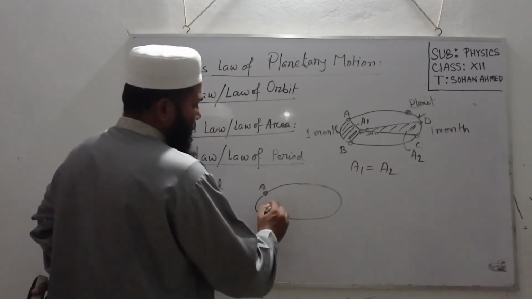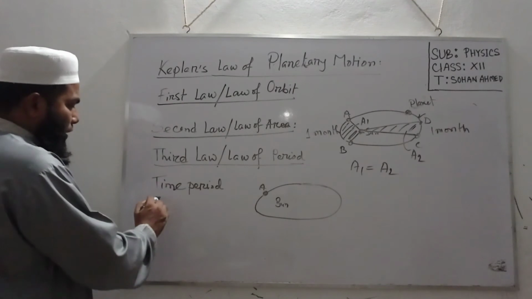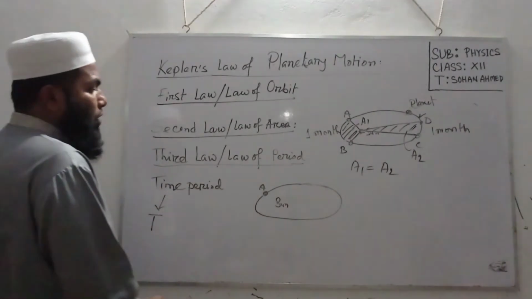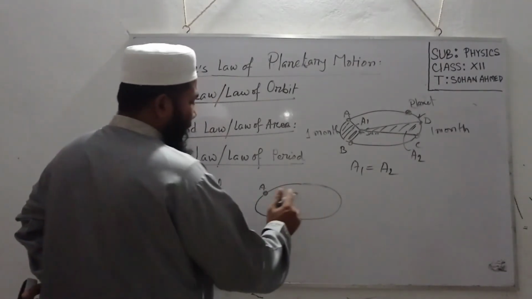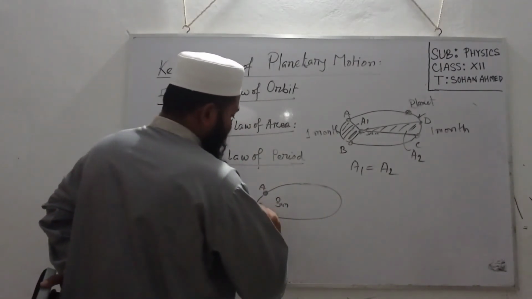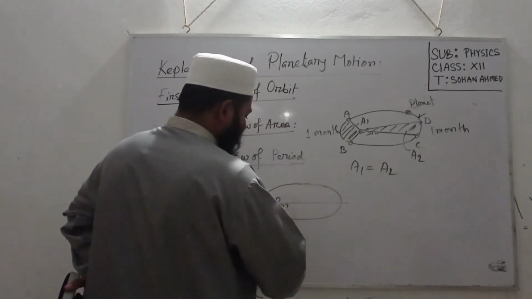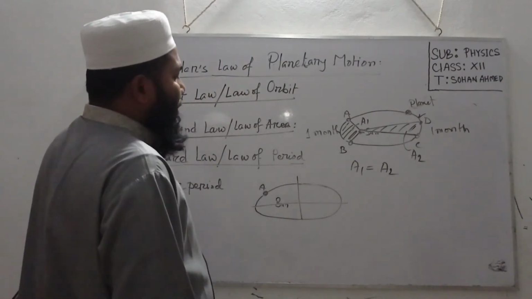Here, this is the Sun. So the orbital time period T, and we know that the elliptical orbit has two axes. This is the major axis, and we can draw the other axis, and this is the minor axis.